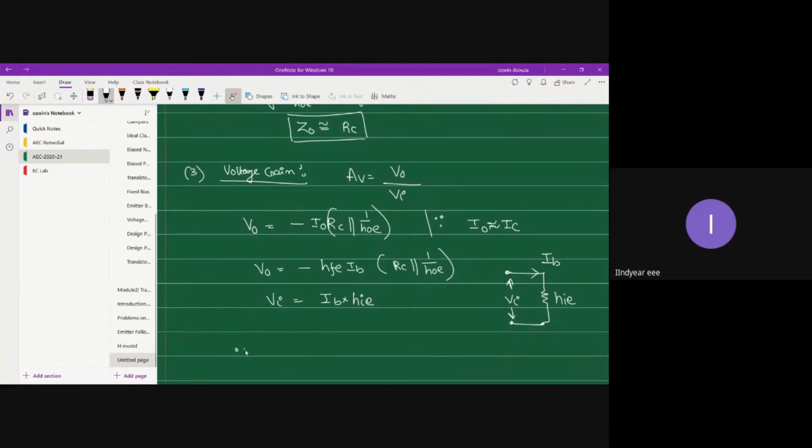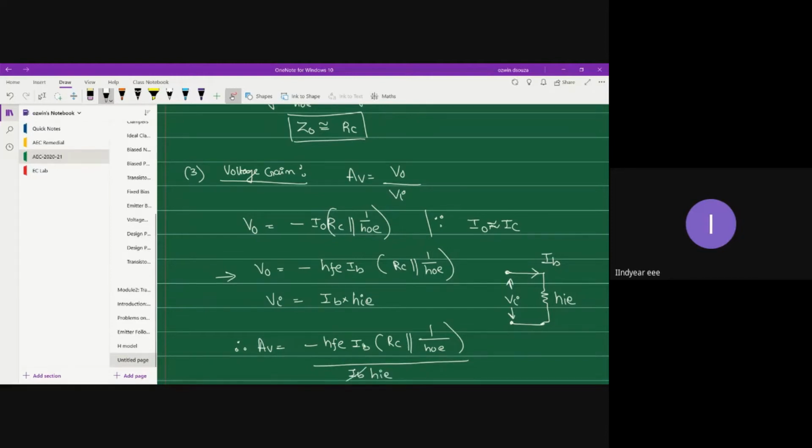Therefore, the voltage gain AV becomes minus HFE, because against V0 I have this expression: minus HFE into IB into RC parallel with 1 over HOE divided by VI. VI is IB into HIE.